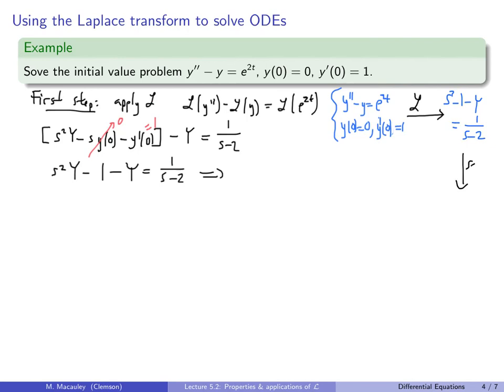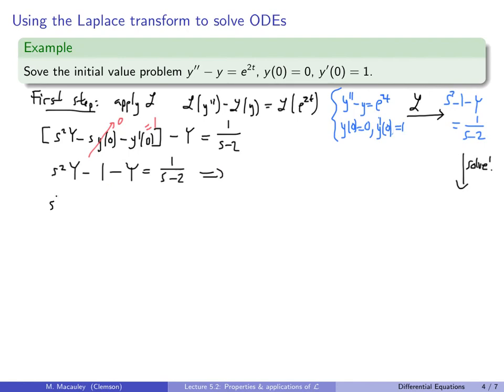So solve. This is, again, like an 8th or 9th grade problem. So let's solve for capital Y over here. Okay, so how do we do that? Let's factor out Y. Instead of doing that, I'm going to do it down here.